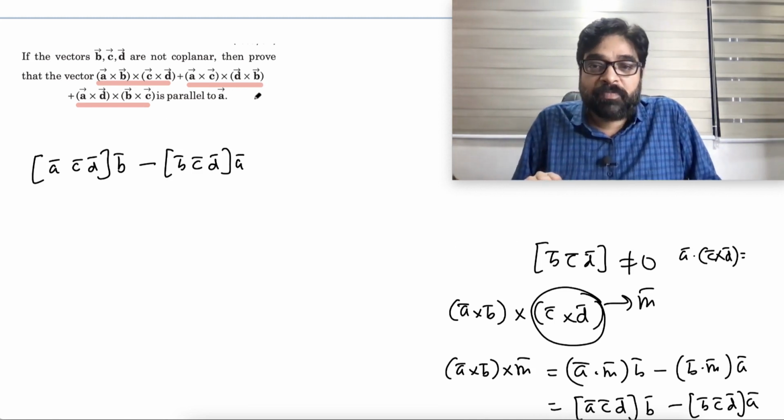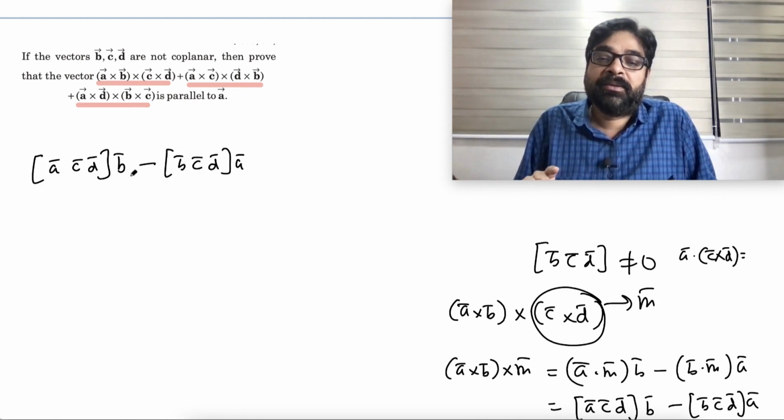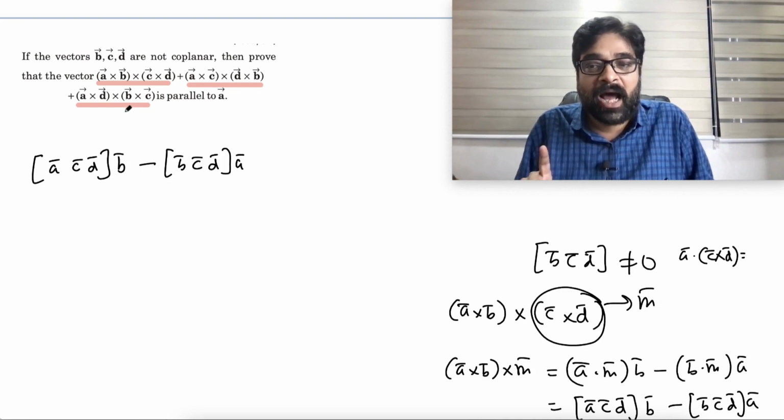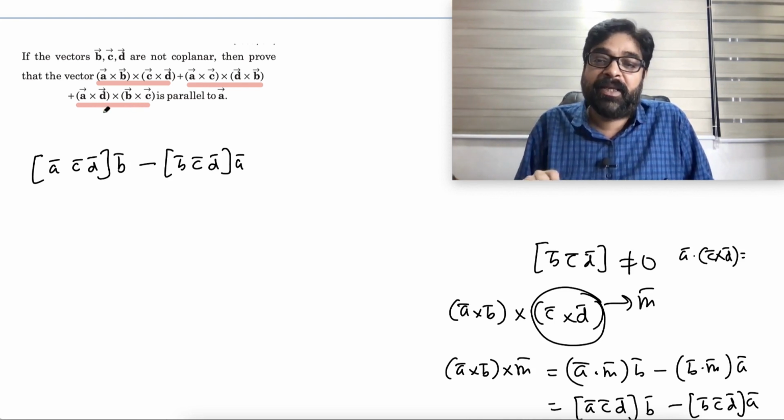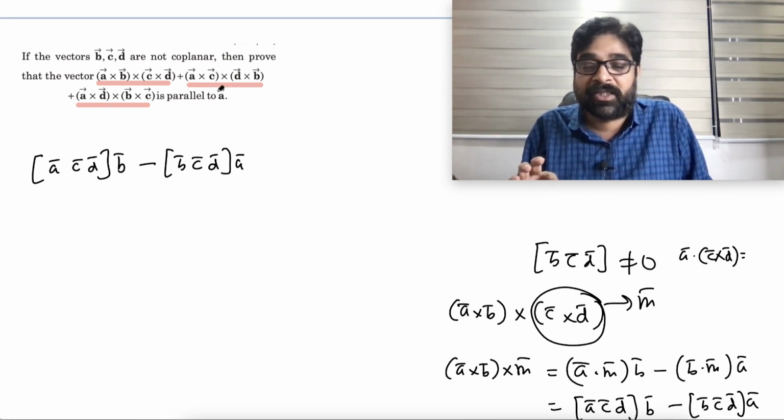Second one, when I expand, I will not get B and A, I will get A and C. Third one, when I expand, I will get what? A and D. Means C will come only one time, B will come only one time, and I need to cancel that. So what I am going to do, I am going to reverse it.